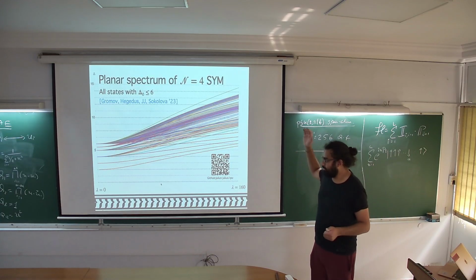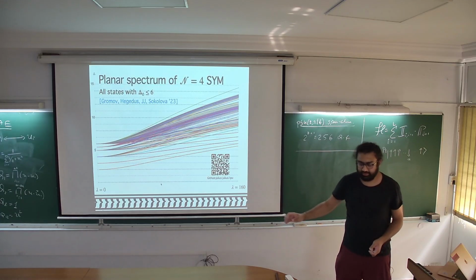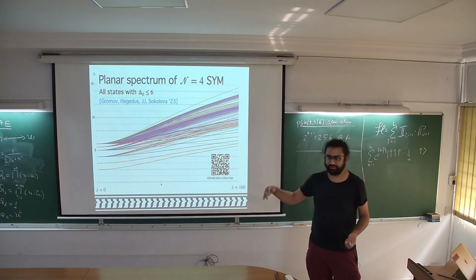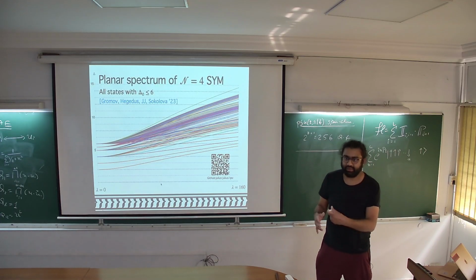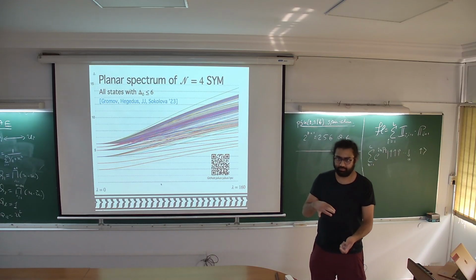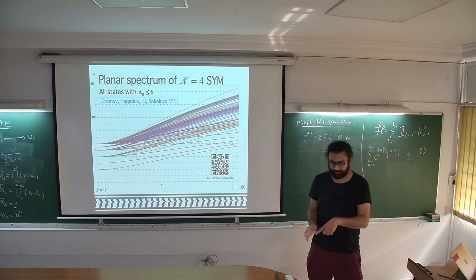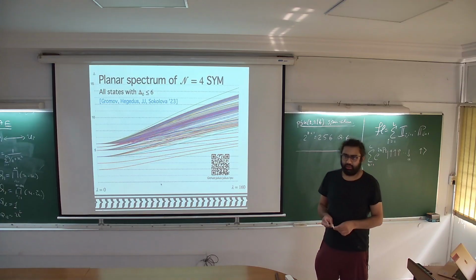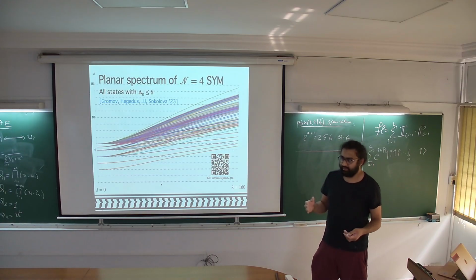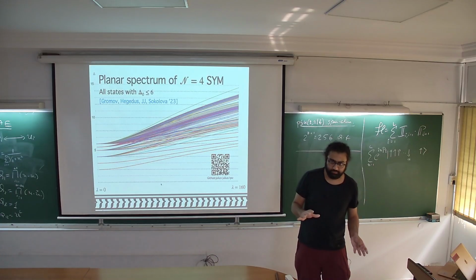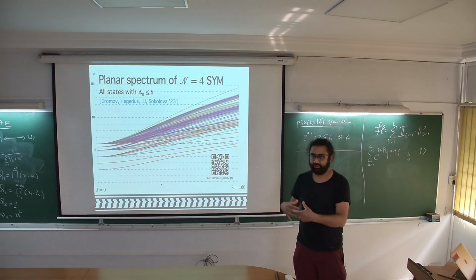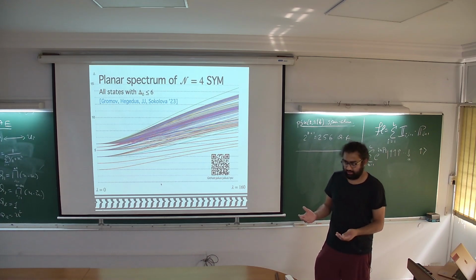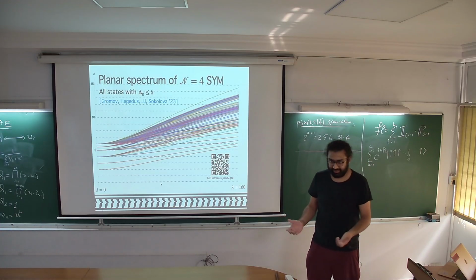So you have the same structure as I explained here, but your Q functions, which in this case were just polynomials, become modified and they get some coupling dependence inside them. And that is the quantum spectral curve.